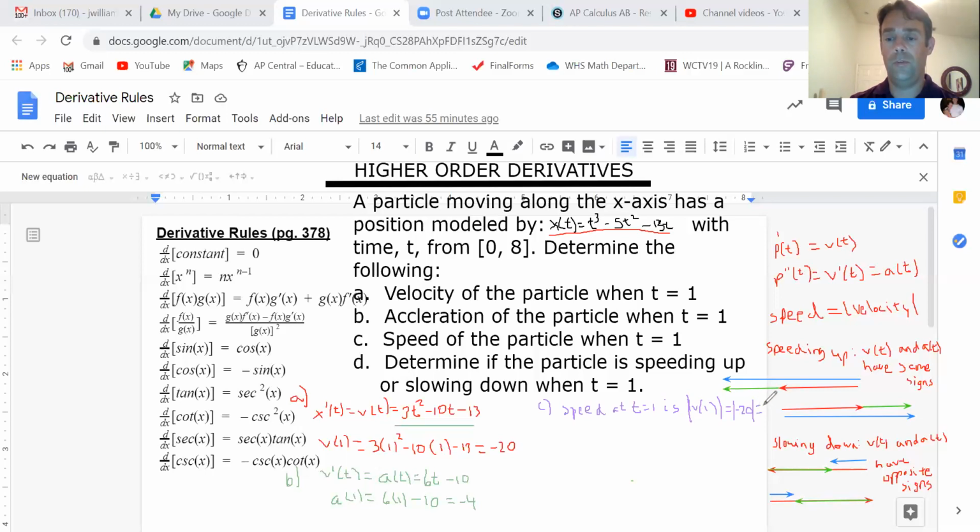So the speed is 20. And then after that, for my speeding up or slowing down, I go back, I look at my velocity, it's negative 20. My acceleration is negative 4. Now notice, even though they're both negative, that's okay. It just means I'm speeding up.